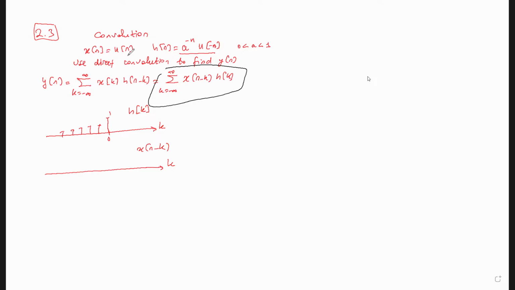u of n, that's going to be u of n minus k with respect to k, which means that I have to take a sequence from 0, right? For n equals 0.